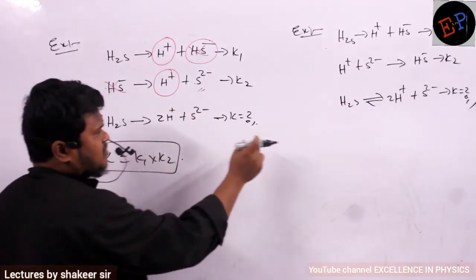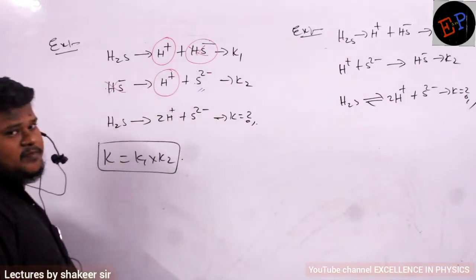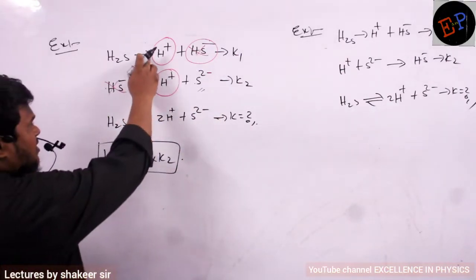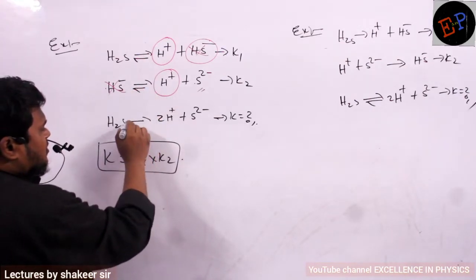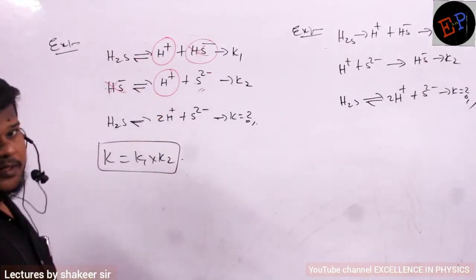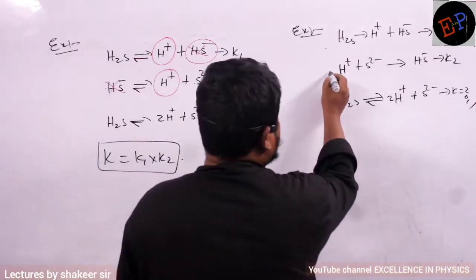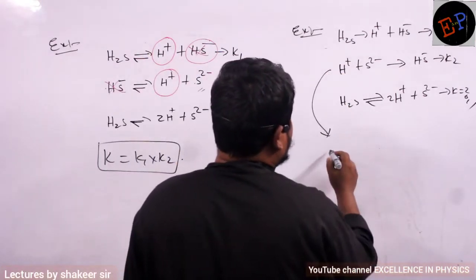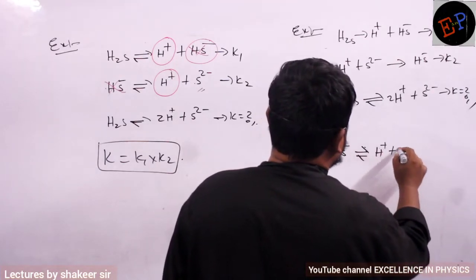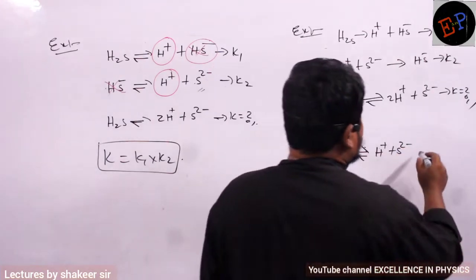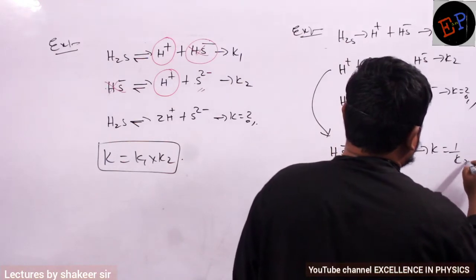So here, this was the reaction which was given. When compared to this reaction, here the reaction is performed in the opposite direction. Be careful, every reaction is reversible. We are studying only reversible reactions. So this equation I can write as HS- convertible to H+ plus S2-. For this one, the K value is 1 by K2.